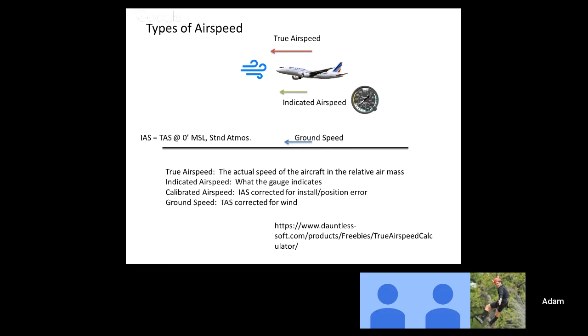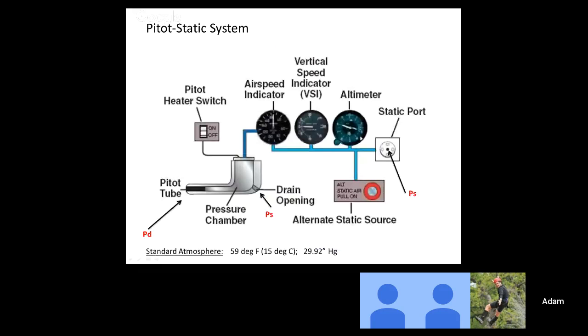Installation errors being any sort of pressure anomalies in the pitot-static system, anything that might come up during installation. Position error is, let me go back a few slides, how the airspeed indicator's error potential is based on the pitot tube's alignment with the wind.